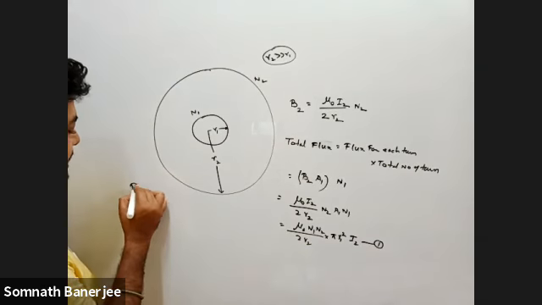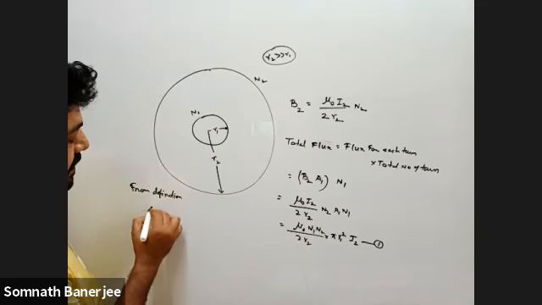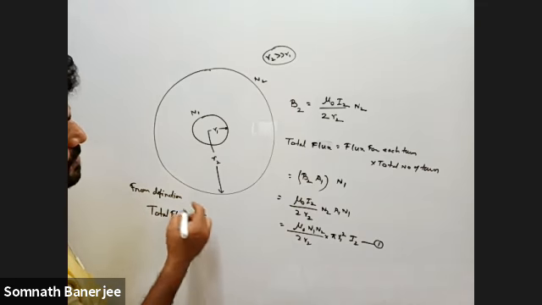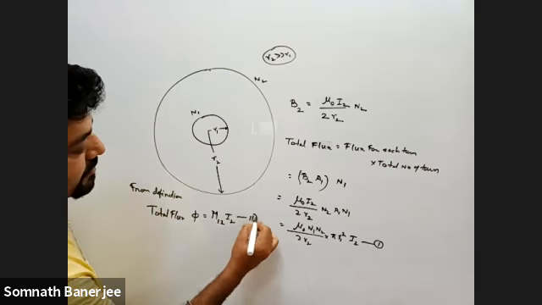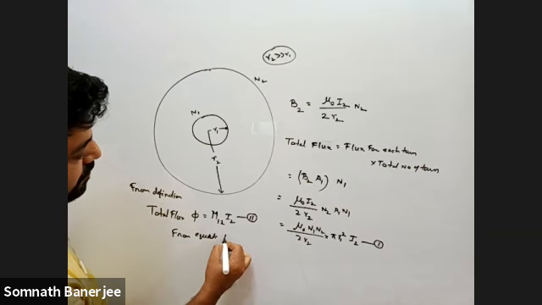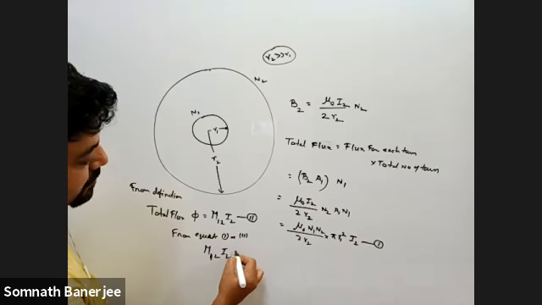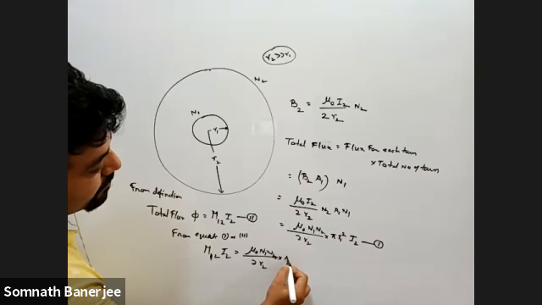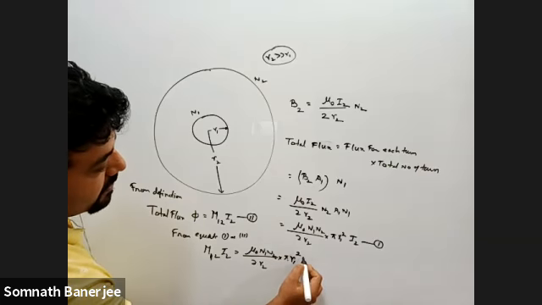From the definition, total flux equals mutual induction, you can write at 1 due to 2, into current of 2, equation number 2. From equations 1 and 2, M12 I2 equals mu naught N1 by 2R2 into pi R1 square into I2.